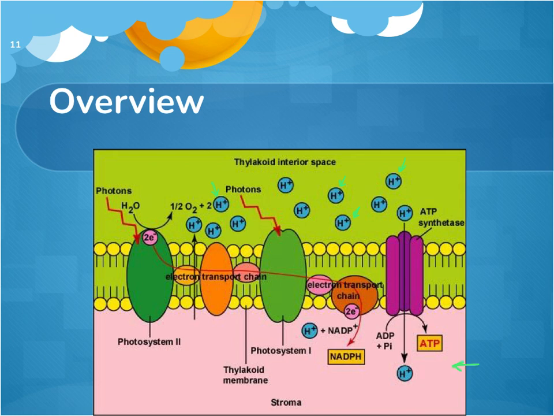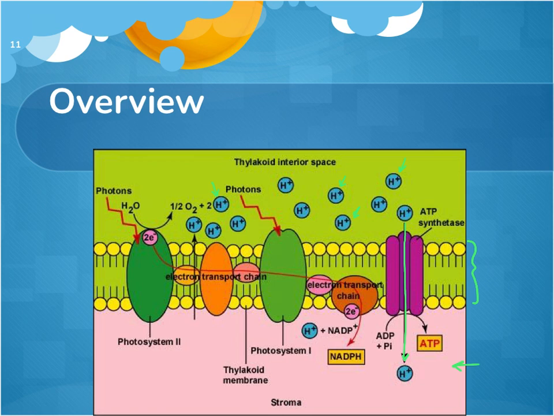In the stroma, there's very little hydrogen, so we have a concentration gradient. Because of that concentration gradient, the osmotic pressure wants the hydrogen to go out of the thylakoid and into the stroma. And it can do that if it goes through the ATP synthase protein, since hydrogen ions cannot cross the phospholipid bilayer that makes up the membrane of the thylakoid.